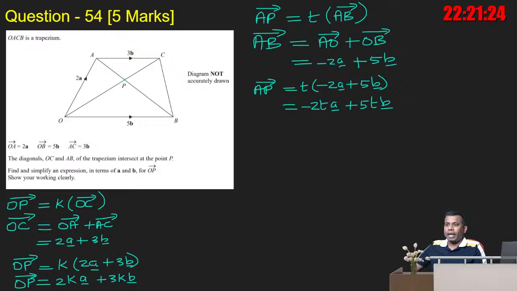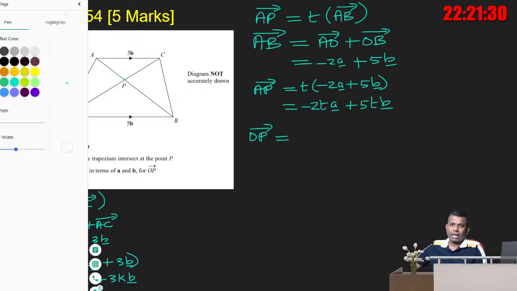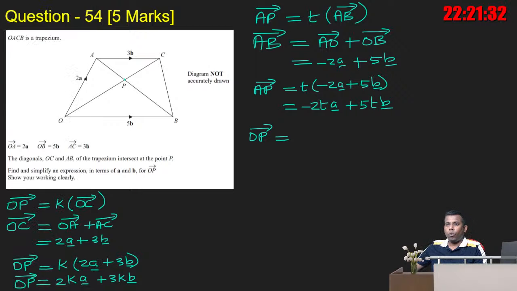So now I can do the O to P vector again. Let me change the color, so that section will be in yellow. O to P vector, I can go for O to A vector plus A to P vector.